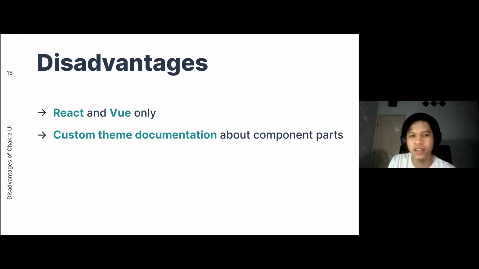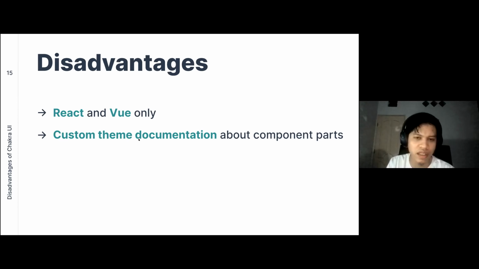But at the same time, this is an advantage too because they focus on React projects, so the performance is good. Behind the scenes, they use CSS and JS, so they already split the code, and they already remove some unused code, and we only ship what we import.